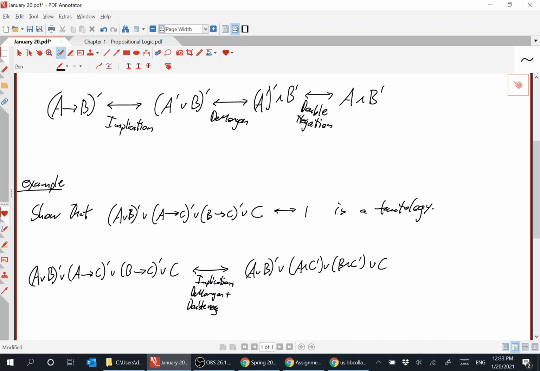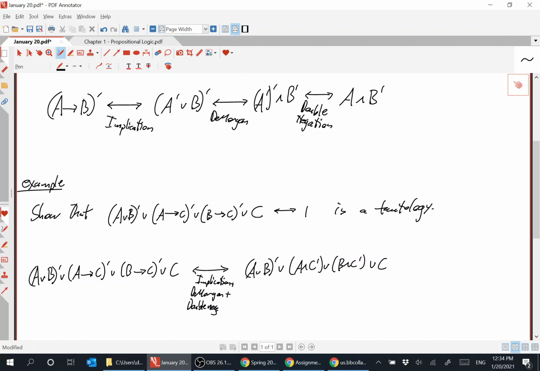All right, a couple different ways one can proceed here. What's one way one might do it? There's only one tautology one can apply here.